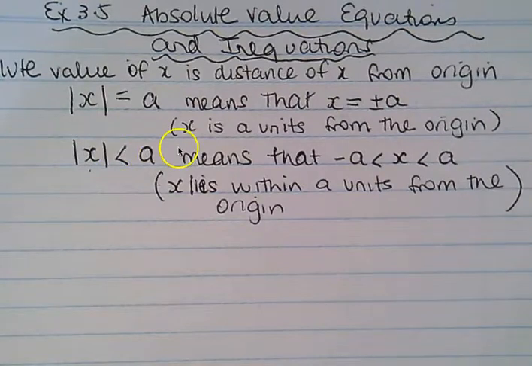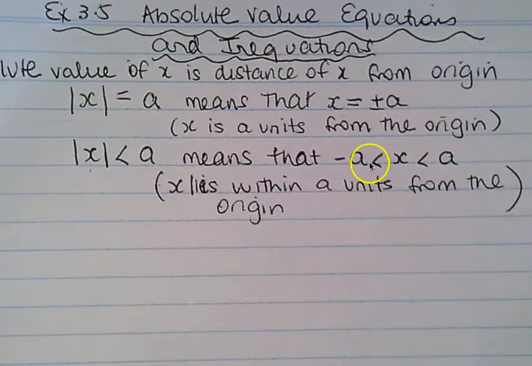Absolute value of x is less than a means that x lies within a units from the origin. In other words, let's say a was 2, x is between negative 2 and positive 2, right?